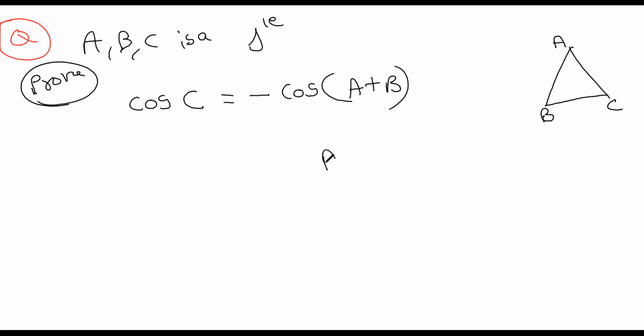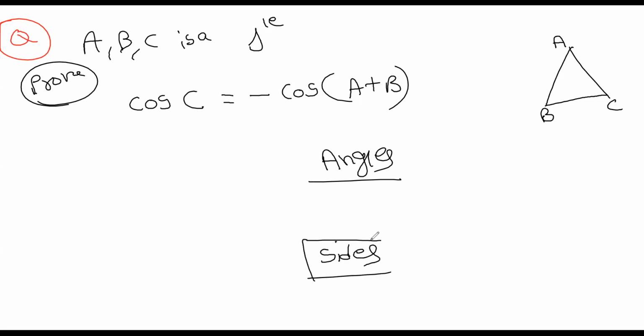One is regarding angles, the other regarding sides. Any question regarding triangles can be asked only on these two. They may give confusion, but at the end they are asking only about angles or sides.